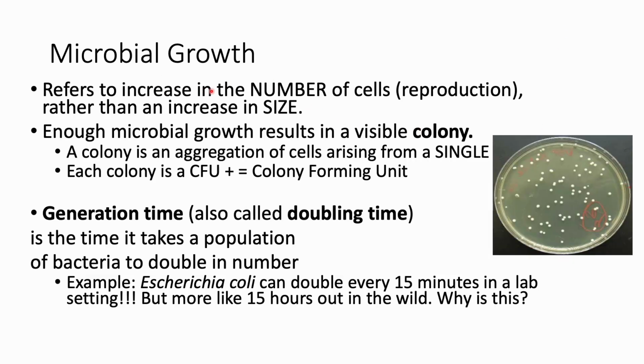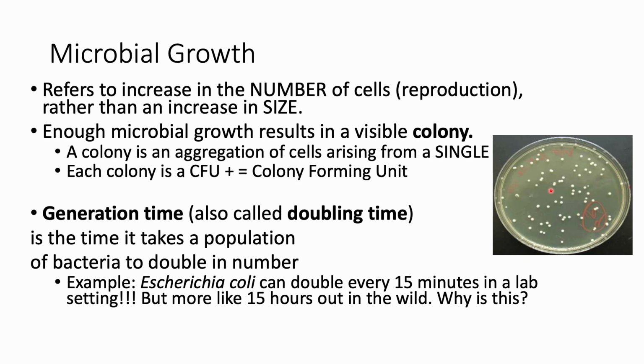Microbial growth is referring to an increase in the number of cells, 1 cell to 2 cells to 4 cells, and so on, instead of an increase in size of that cell. So when there's enough microbial growth, you actually see that growth, and we'll see this in the lab. So each of these little white dots on this plate is microbial growth, and it's a visible colony at this point. We can actually see bacteria.